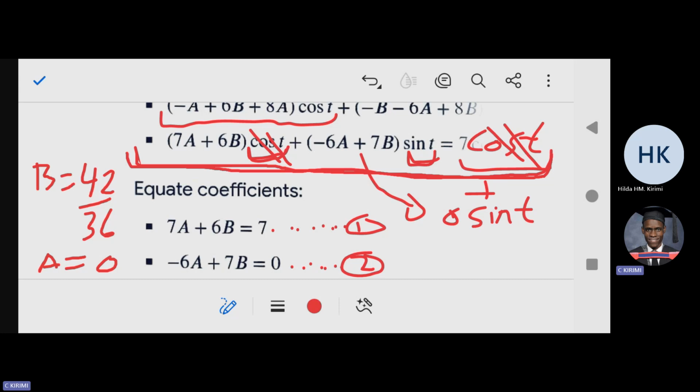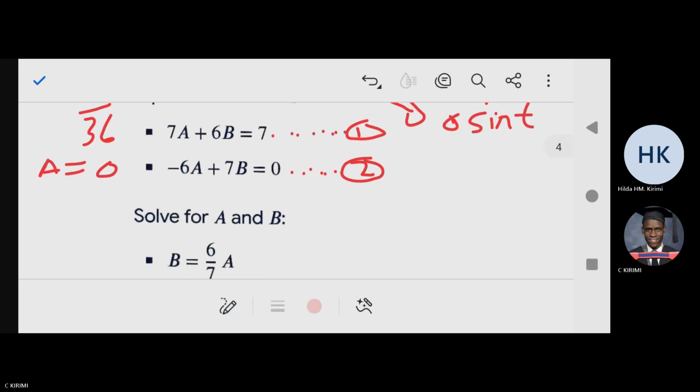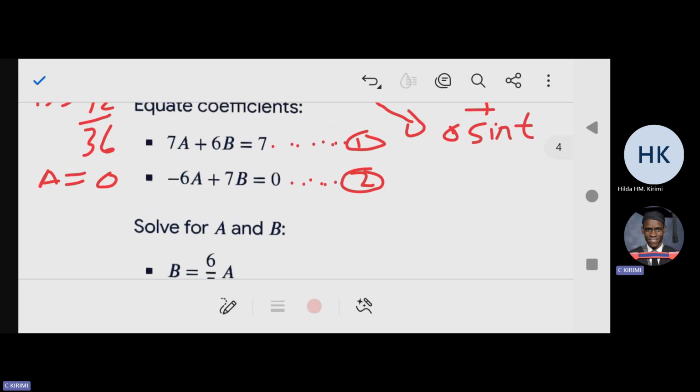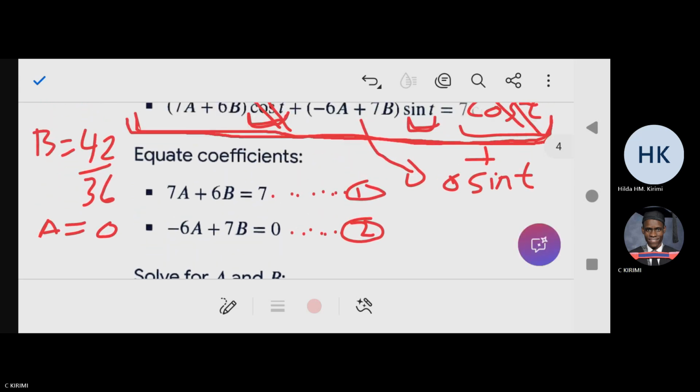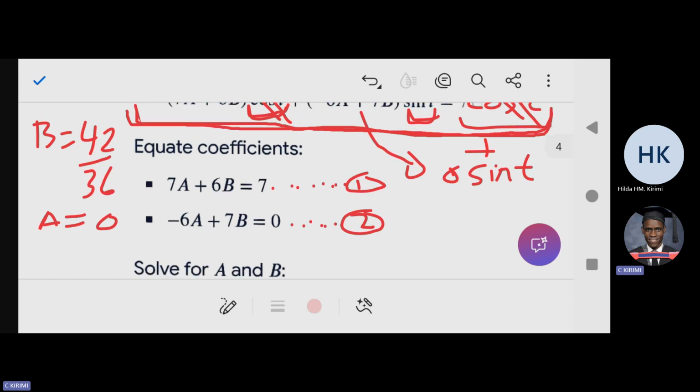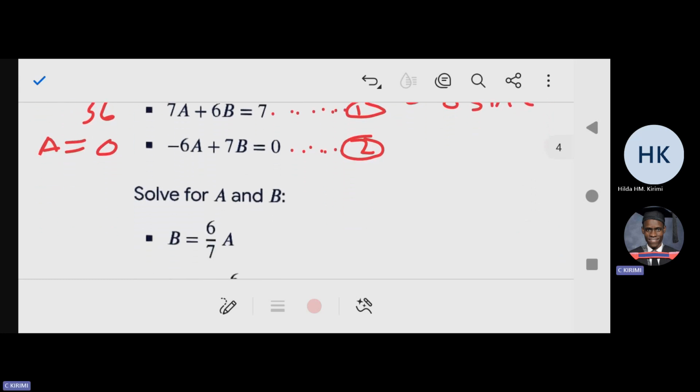But is it possible that B is 42 over 36 and A is 0? Okay, let's check the answers. So here you simplify the fraction. 42 over 36, when you divide by the highest common factor, what do you get?